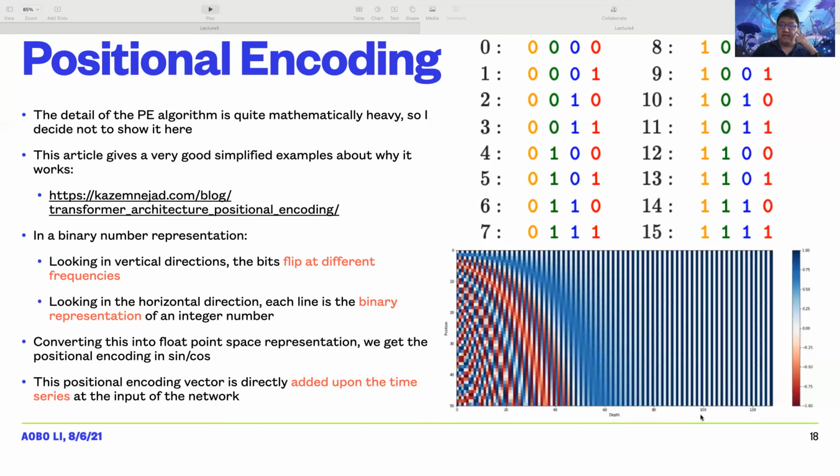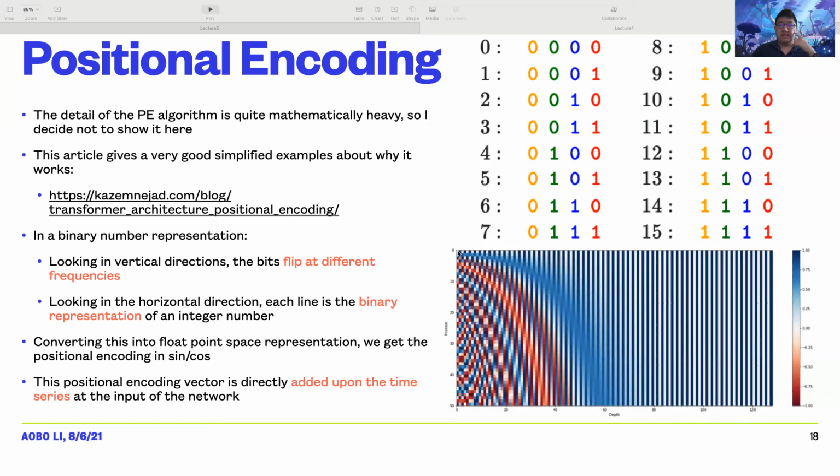You can also look at this plot, which is just the sine and cosine version of this representation, where the x-axis represents the position we want to encode, and the y-axis is a d-dimensional vector that we use to represent this position.